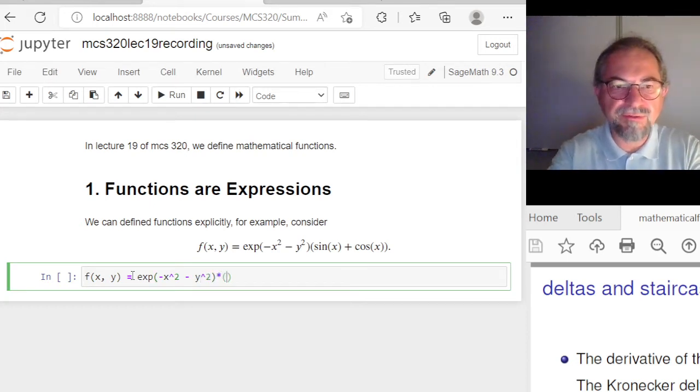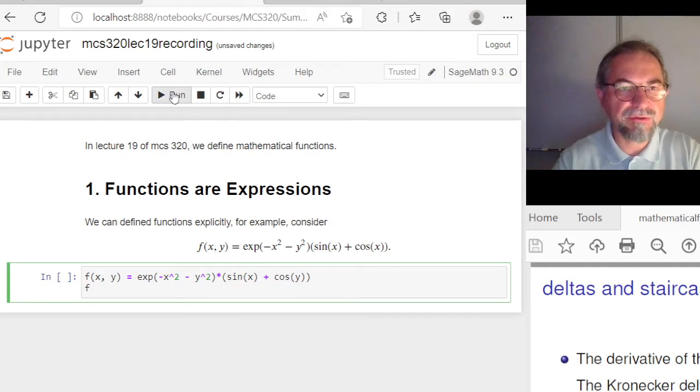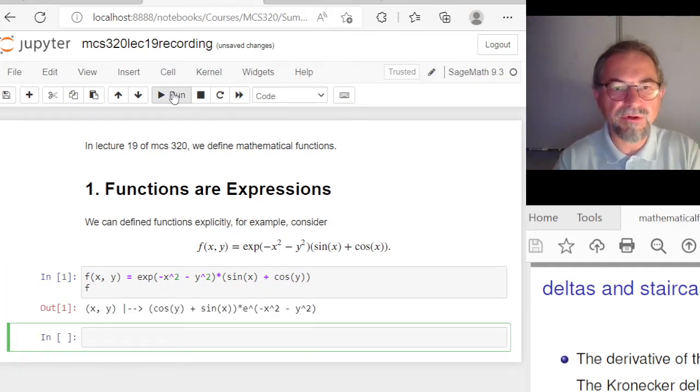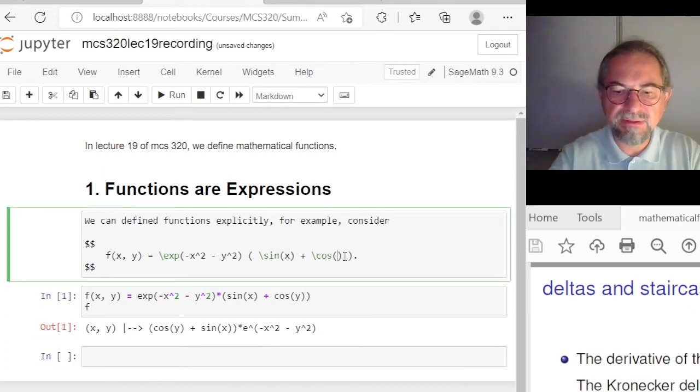The only thing that you have to remember, of course, is that the multiplication symbol needs to be defined explicitly. I made a typo in my definition, so let me fix that, but I first will execute. So here is the function that I wanted to define. The typo that I made was in the y.